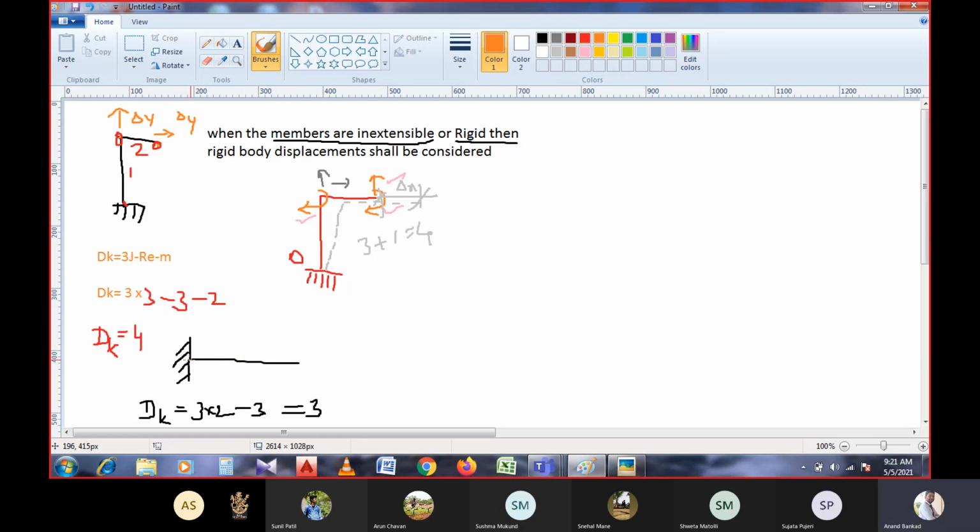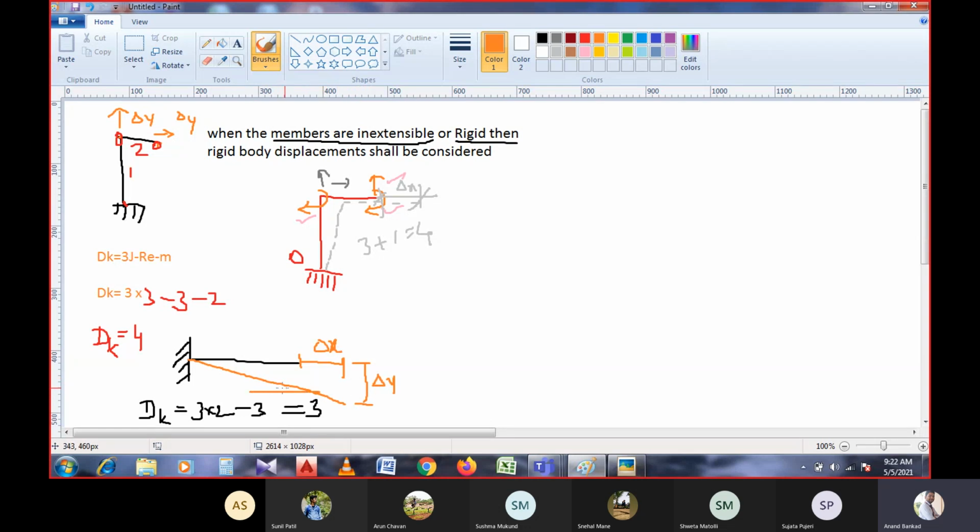When it is not specified whether the body is extensible or not extensible, then we can have the displacement in this pattern. So here the delta x value would be considered like this. That means it is extended in the direction of x, right? And we have observed 1 degree of freedom in the direction of x. Along with that, we already know that the delta y direction is also allowed. Then the deformation in the y direction happens, right?